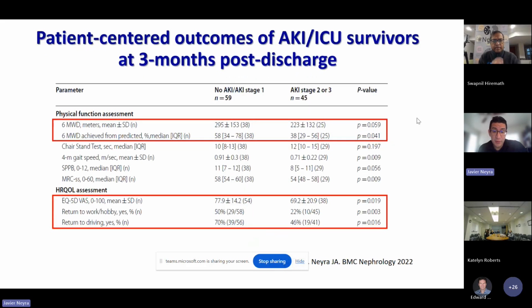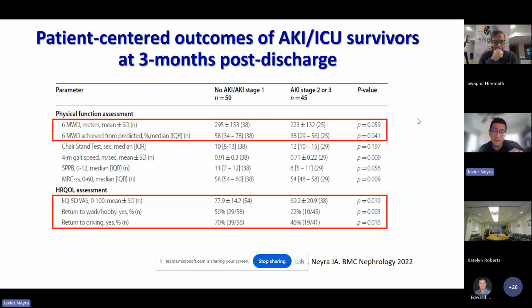Another important aspect that is always under-recognized is that survivors of acute kidney injury always have physical function limitations, and this also translates into low scores of quality of life. In this study from our group, we evaluated survivors of stage 2 or 3 AKI and patients without AKI or AKI stage 1. We grouped them like that.